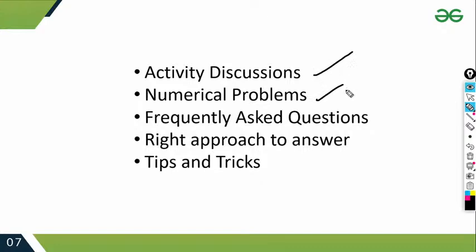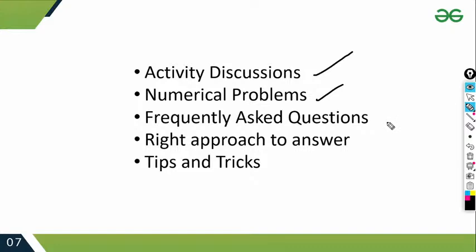Not only the numerical problems inside NCERT, but the numerical problems which are very popular, and the problems which are asked in many Olympiads or many other competitions which students usually register in. So we are going to see all those numerical problems. I'll be segregating them, and we are going to see them.